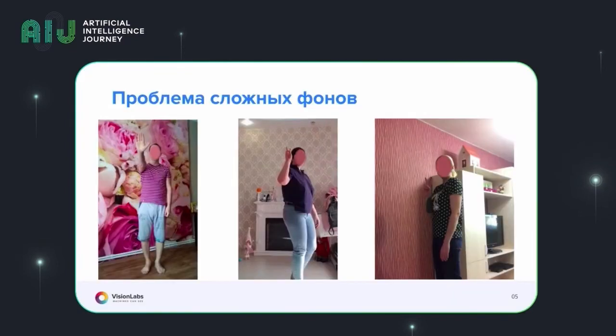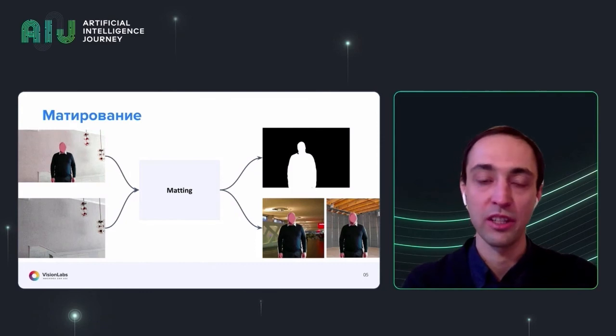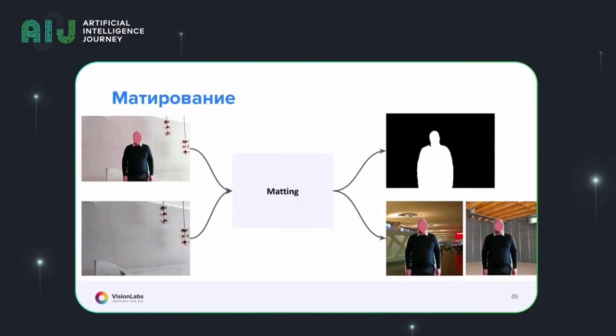But the problem was that such segmentation models do not fit our purpose, because when they segment out the human, they tend to cut out the fingers, whereas fingers play a very important distinctive role in our gesture recognition algorithm. So we used the method which is called matting.